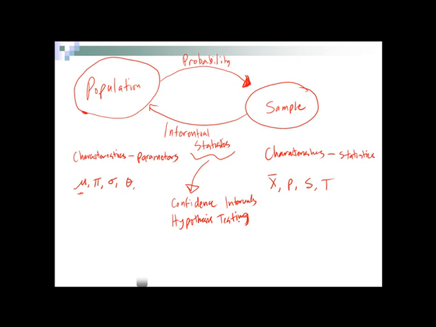And that's really the big picture of where we are going. That's the roadmap of where we're going in this course. We're going to start out with probability. We're going to move on to inferential statistics, and everything else kind of fills in the details there. So confidence intervals, hypothesis testing, those are both types of inferential statistical methods, and they're very much dependent on probability.